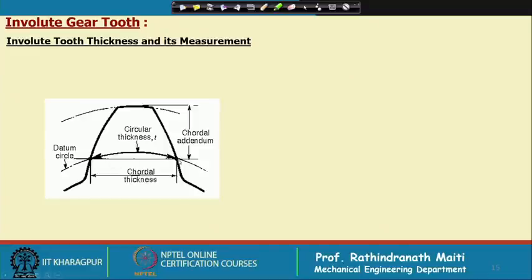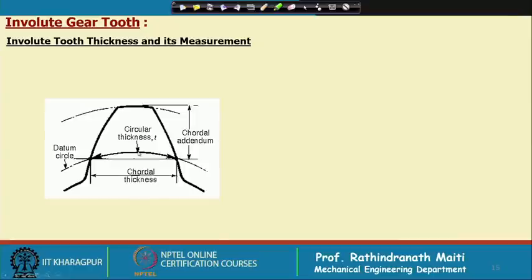circular pitch, and the chordal tooth thickness is the straight thickness, and this height from this point to this point is called addendum.